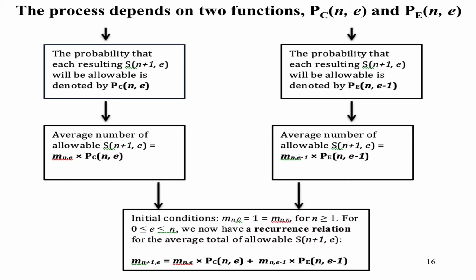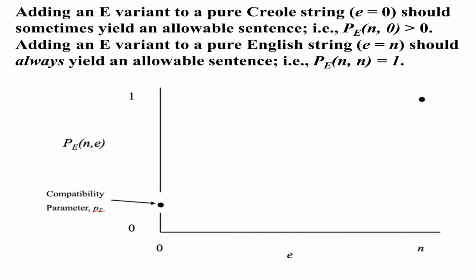And the problem is to specify these functions P. Well, you want the functions to have some desirable properties. So if you add an E to a pure Creole string, you don't want the probability of allowable to be 0, because then you would never get mixing. So if you start with a pure Creole and you add an E, there must be some chance that you'll get an allowable string, and that's what is going to allow for E and C mixing.